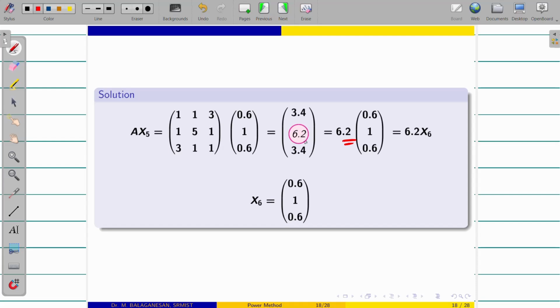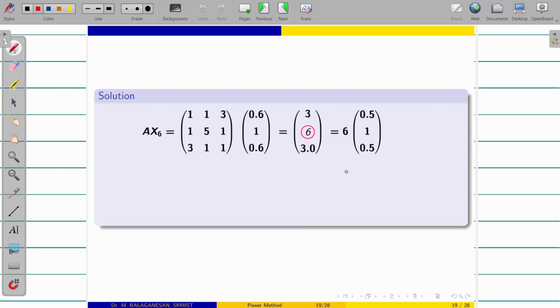Numerically, if it is a negative sign also, you have to take that only as common. If it is negative sign or positive sign, no need to bother. We have to take the maximum value, largest value. Clear? Right. Now new x6 is 6. Thus multiply that. A into x6 equal to 6 we are getting. Right.